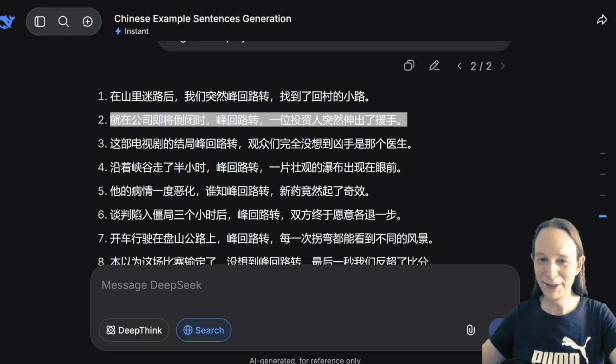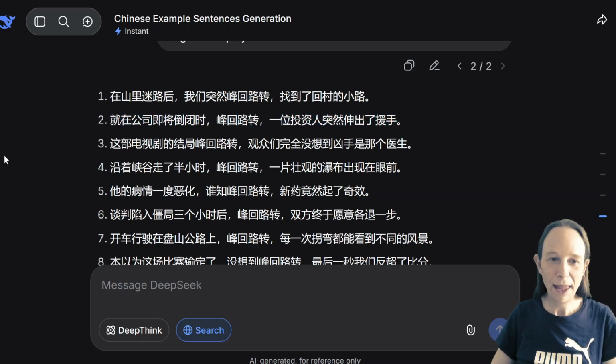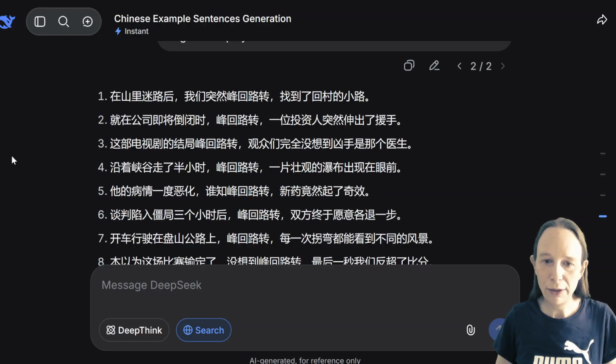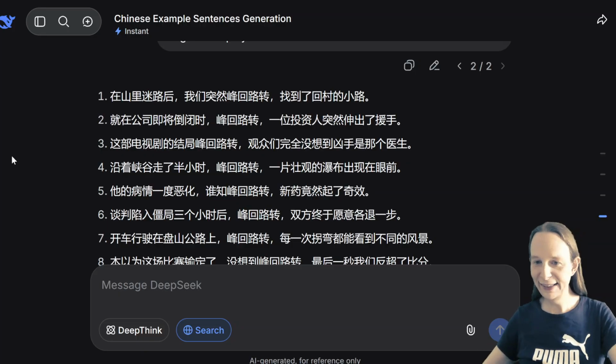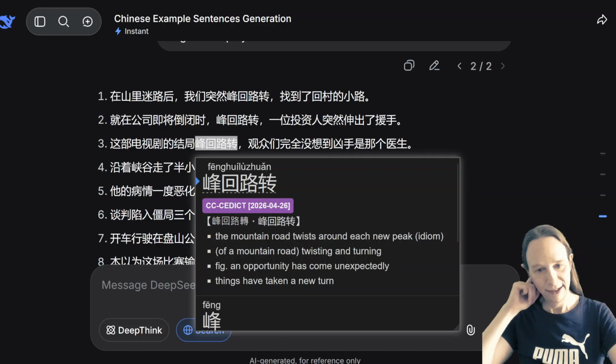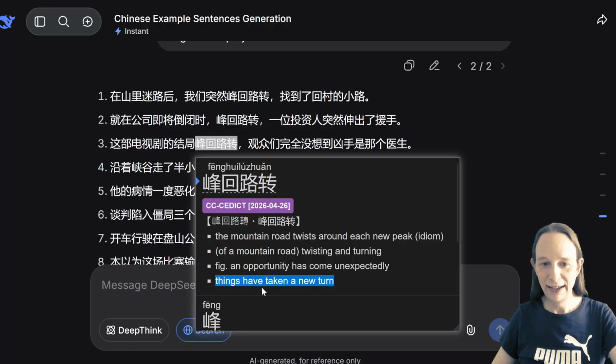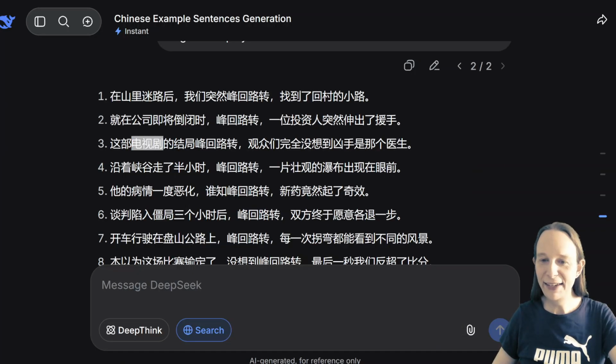Deus ex machina. 这部电视剧的结局峰回路转，观众们完全没想到凶手是那个医生。Alright, so this is like a plot twist. Things have taken a new turn, and we're talking about a TV series.